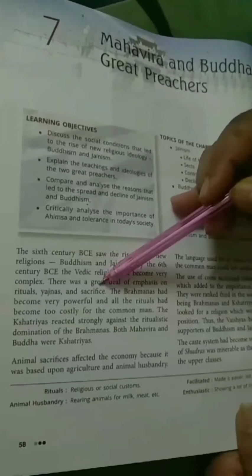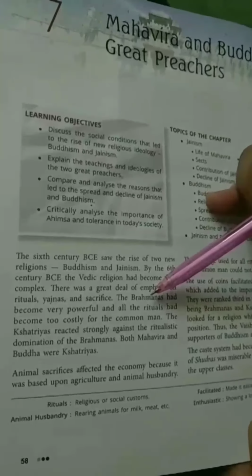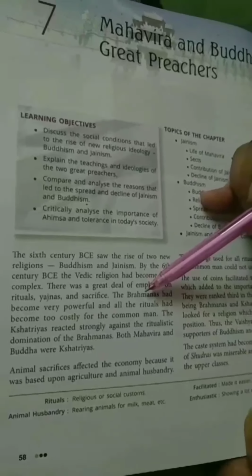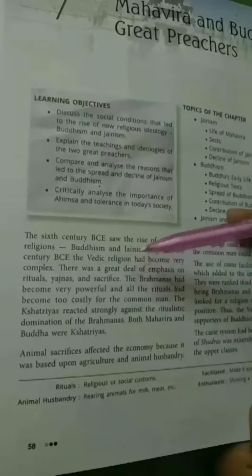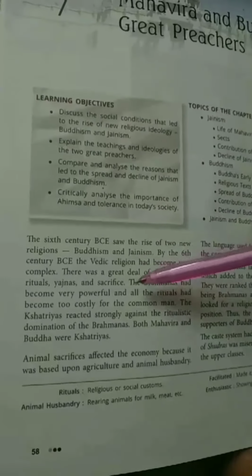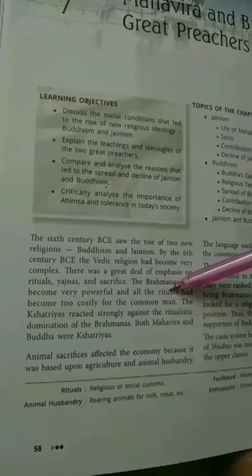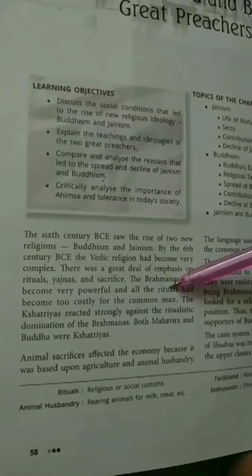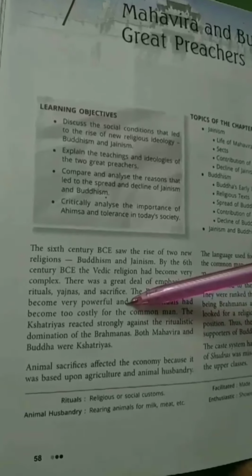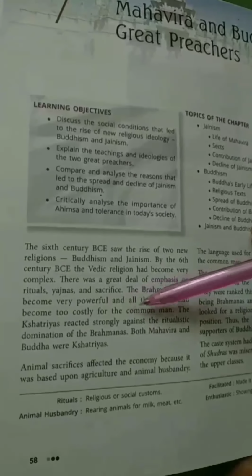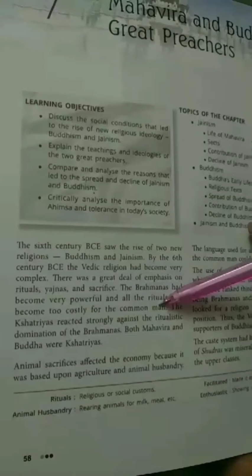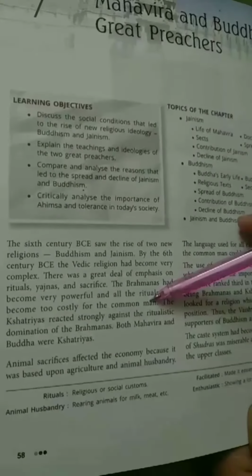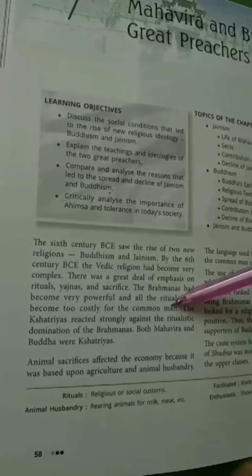The Brahmins became very powerful, and they were the people who used to perform all the yajnas or religious ceremonies. The rituals had become very expensive for a common man, and that is the reason most people did not like the Vedic religion.